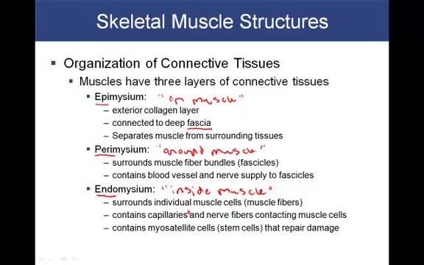And also within the endomysium, we find another type of cell known as the myosatellite cell. We'll talk more about myosatellite cells in a minute, but for now, just realize that these are stem cells and that they help in repairing any type of damage.